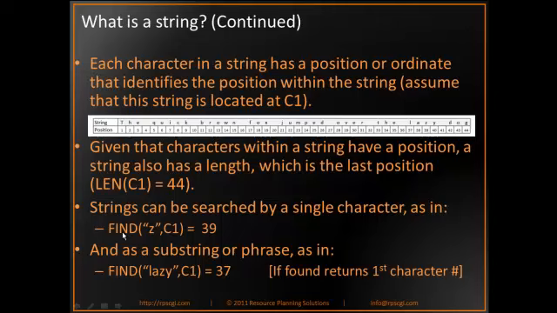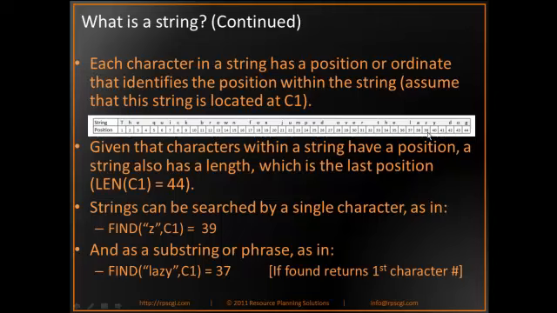This find function, given that I am using only the first 2 parameters of this function, there is a third parameter that we'll talk about later, but basically what find does is it says find the character Z in the string at C1, and so basically it starts at the first character and it starts looking down this string until it comes to the character Z, which would be here.